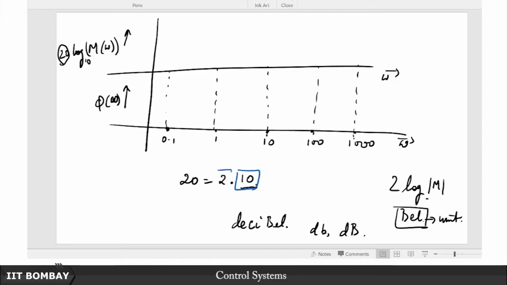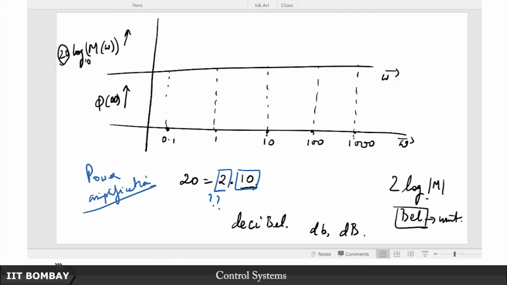Now you might wonder what brings this factor of 2. Well, it is simply a pragmatic choice for the simple reason that most of the systems that were being dealt with in Bell Labs in those days were electrical systems. So they were actually looking at power amplification. But you are not measuring power directly.